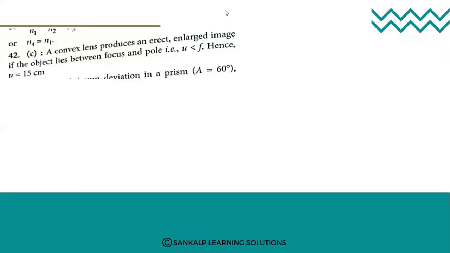See, a convex lens produces an erect enlarged image if the object lies between focus and the optical center, right? So hence U is equal to 15 centimeter.